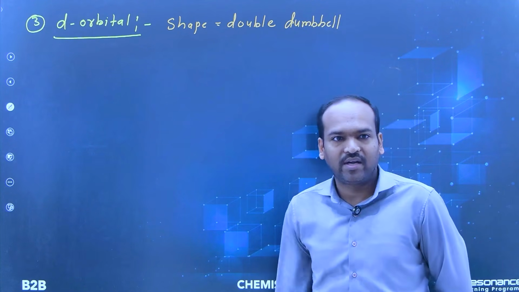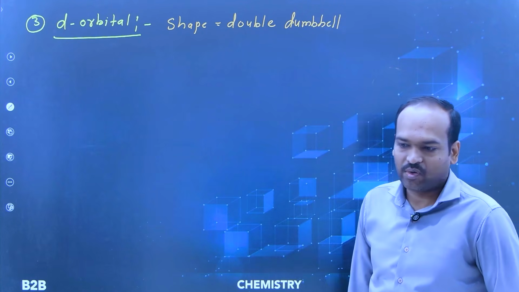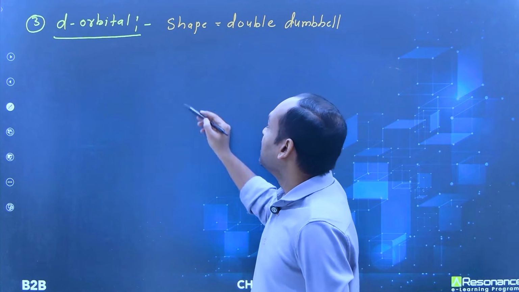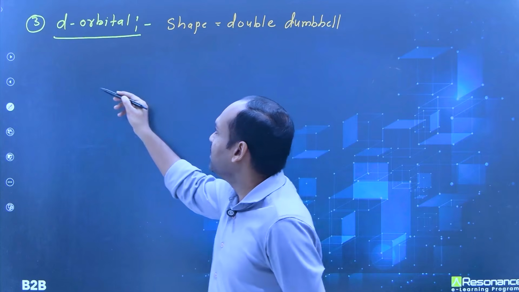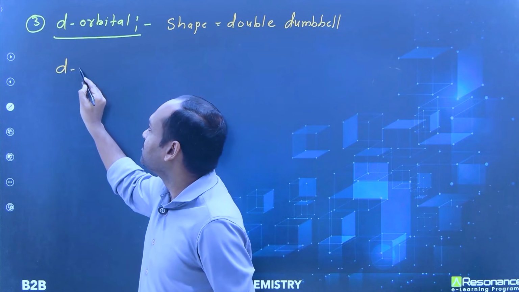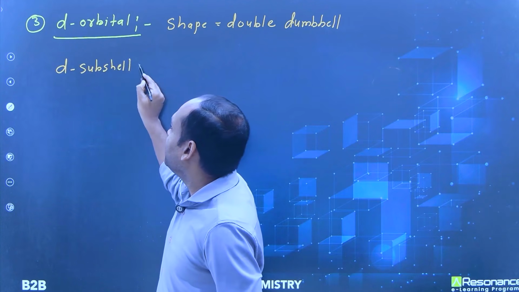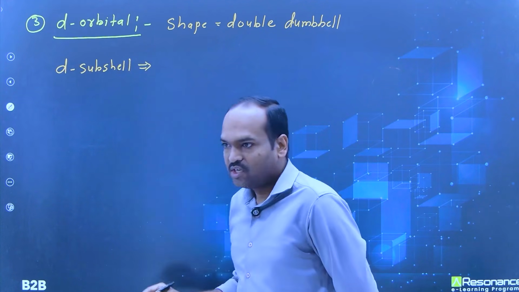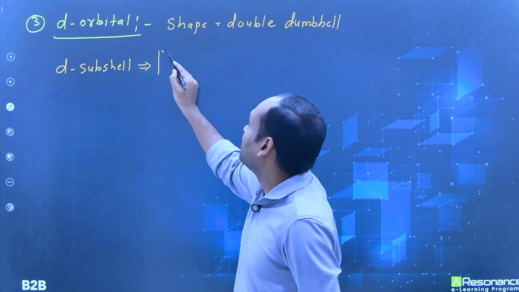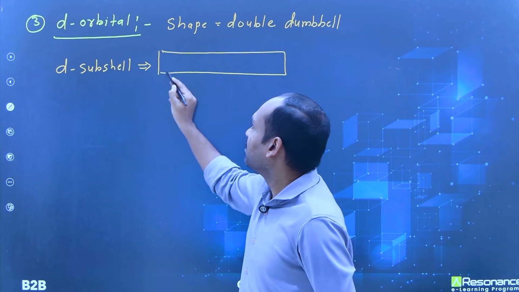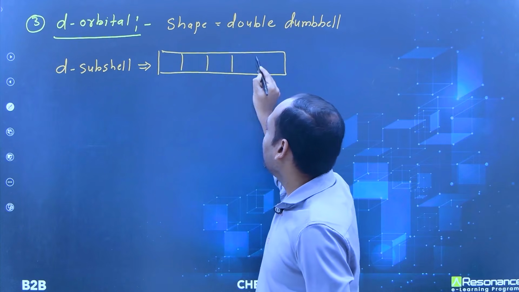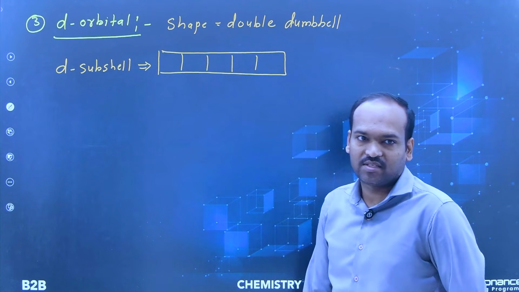D orbitals have a double shape. Now in the d subshell, there are a total of five d orbitals: one, two, three, four, five.